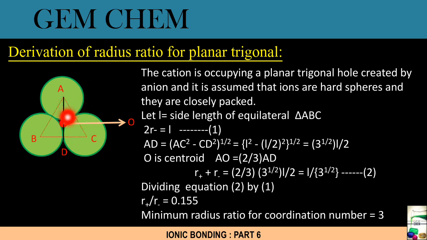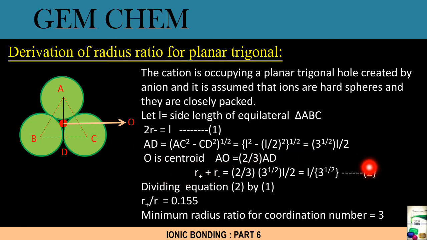So the value of AO is 2/3 of AD, and we have already got the value of AD. On substitution we can write it as L by root 3, and this particular part AD is the sum total of the radius of anion plus the radius of cation, right?